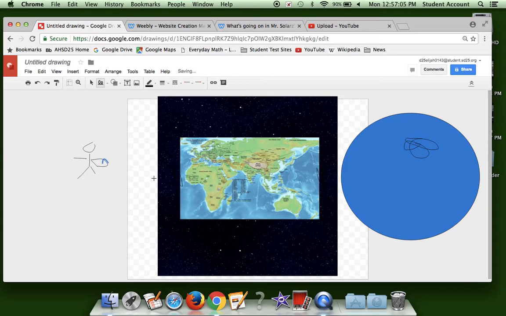Because when you're spinning around, the Earth is spinning. It's not spinning so fast that it would turn into an oval like that, but it's spinning fast enough that it's just turning into a slight oval shape.